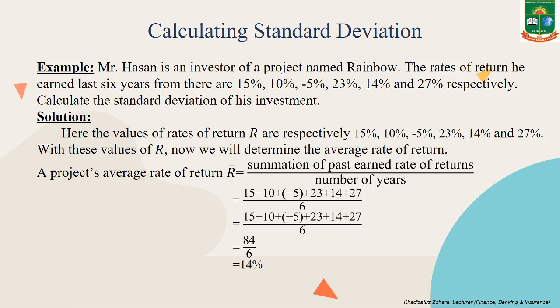So we have to sum 15 plus 10 plus -5 plus 23 plus 14 plus 27, and then we have to divide the summation by 6. Here the summation is 84 and we have to divide 84 by 6, then the result is 14%. So the project's average rate of return R bar equals 14%.